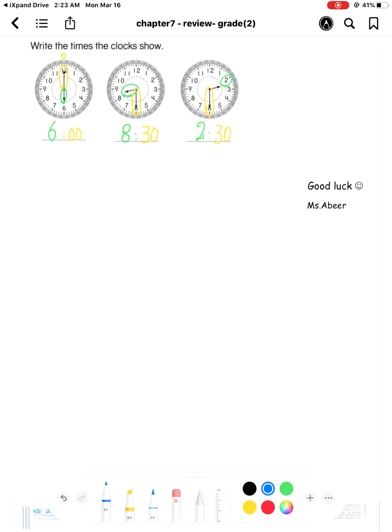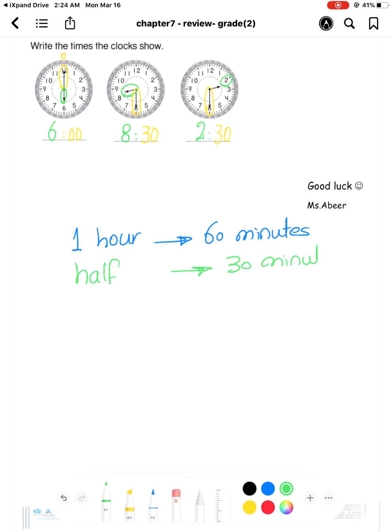So here, in order to remember, 1 hour is 60 minutes. Half an hour is 30 minutes. Quarter is 15 minutes.